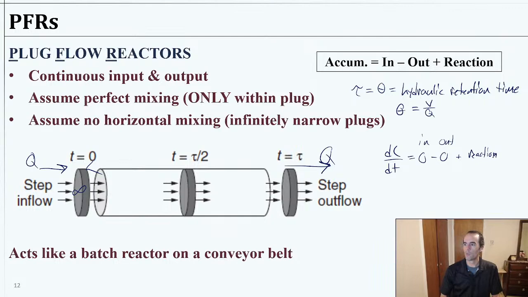But when we solve it, we're going to solve for T equals theta. That'll be the big difference. We have some amount of time for this batch reactor to occur, which is the amount of time it takes for the water to go through the reactor. Rather than me keeping my water bottle for some amount of time and then emptying it out, instead I will be continuously flowing the water through the system, and that water just has some amount of time as it snakes through the plug flow reactor.